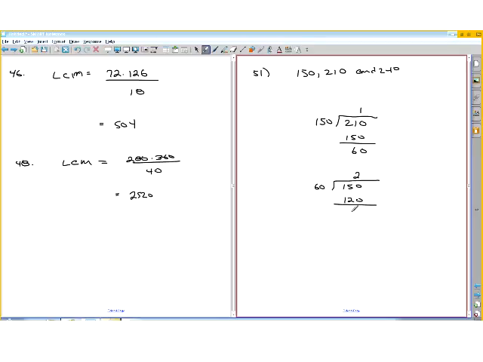Subtract 120 from 150, we get 30. Now we have 30 dividing into 60. That is 2, and so we get 0 as the remainder. So 30 is the greatest common factor, which makes sense. You can divide 150 by 30 and 210 by 30, and you get 5 and 7, respectively.